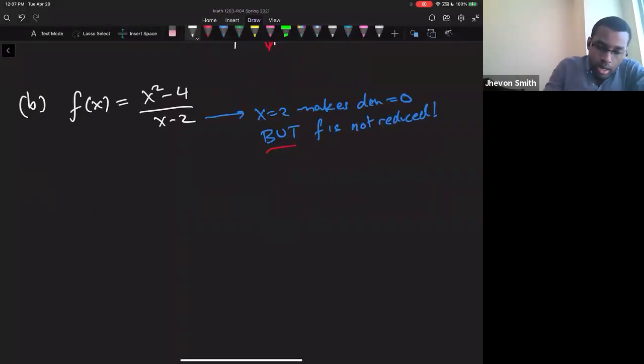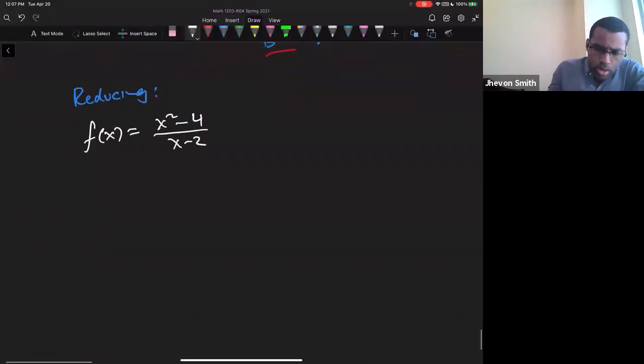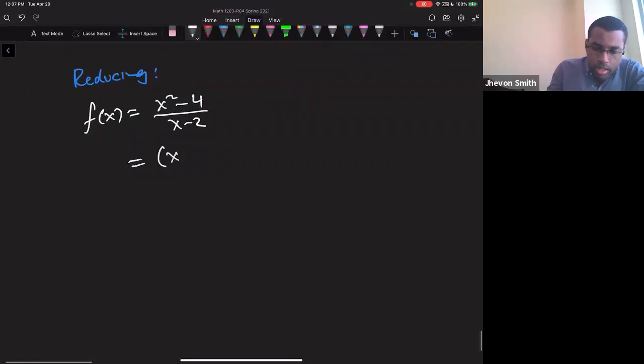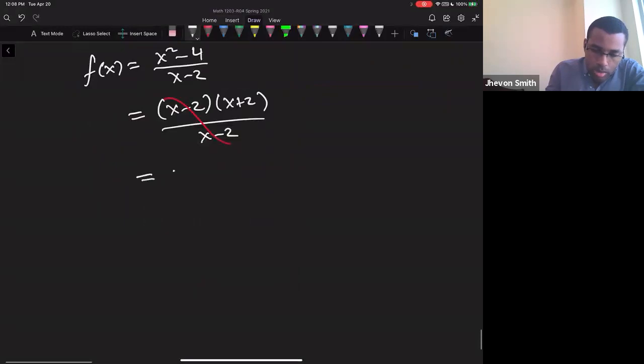So notice that we can reduce. We have f of x equals x squared minus 4 over x minus 2, which can be factored into x minus 2 times x plus 2 over x minus 2. And cancel these. And so that becomes x plus 2. So this is the reduced form of f, if x is not equal to 2.